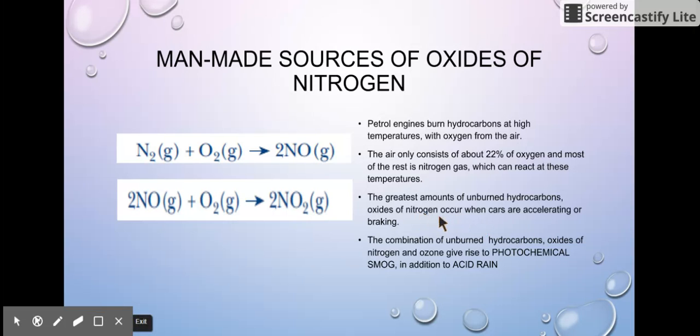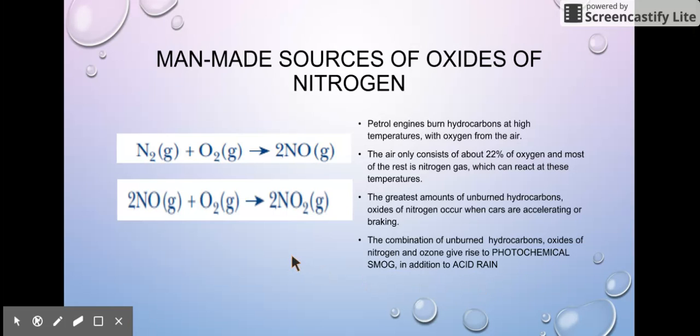You also get larger amounts of nitrogen oxides being given off. And you notice how they call it oxides of nitrogen? That's because there's more than one main one. Now, when you combine the hydrocarbons that aren't burnt properly and the oxides of nitrogen and ozone, you end up with photochemical smog as well as acid rain.